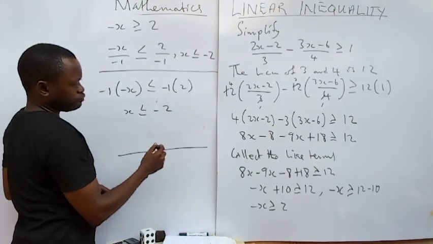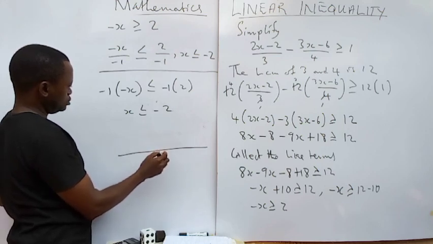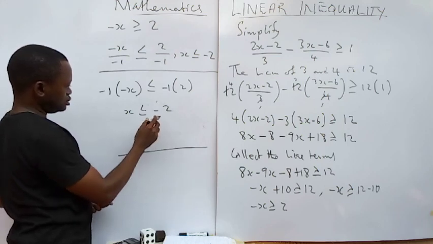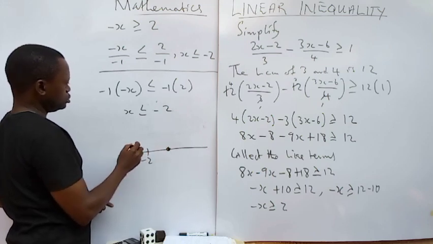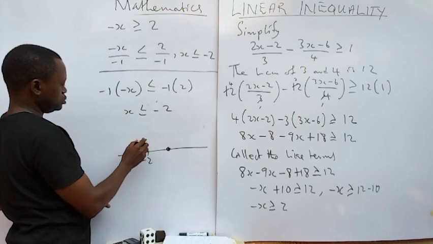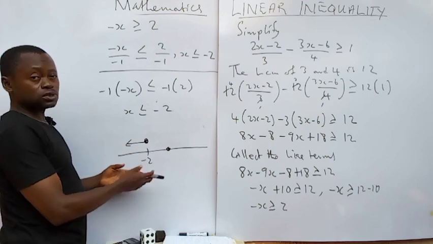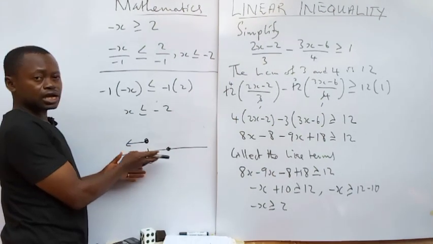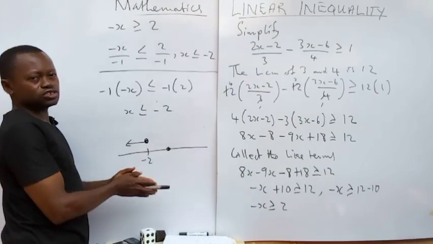So finally, I can put this on the number line as x is less than or equal to minus 2. If here is my origin and somewhere here is minus 2, x is less than this or equal to this, so we have a shaded base. Please, if you go to the introductory part of our class, when I was explaining every detail that has to do with these inequality symbols, I gave a detailed explanation about that.